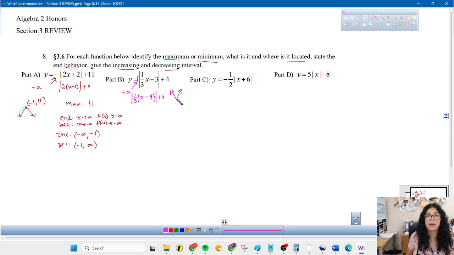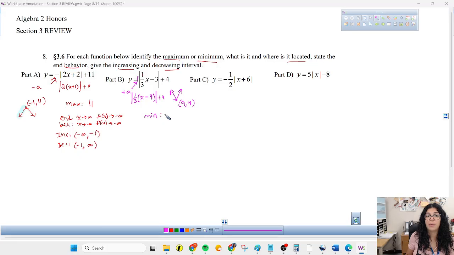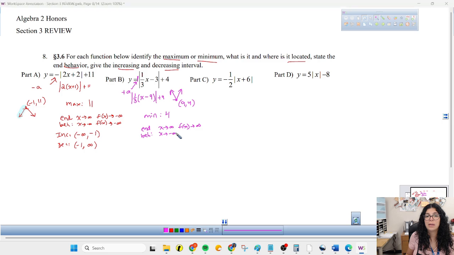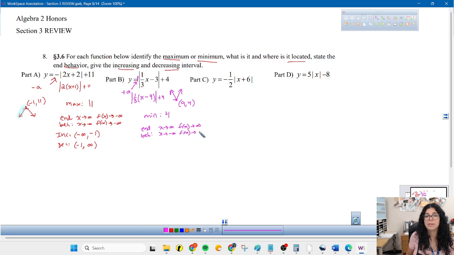So my vertex here is at 9, 4. So it is a minimum, since it is an upward facing V shape, at 4. And the end behavior, both ends, are going up to positive infinity. So the right side is going up to positive infinity, and the left side is also going up to positive infinity.